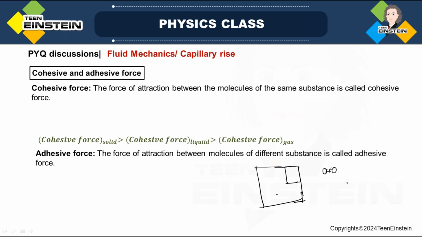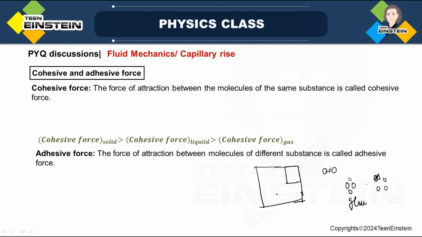See, the glue itself has molecules and forces between them. This force is cohesive force. The surfaces have their own molecules, and the force between their own molecules is cohesive force. But when we apply the glue, there is a force between them. Suppose this is glue or gum, and this is the molecules of the page or the photo. So this is a different molecule.